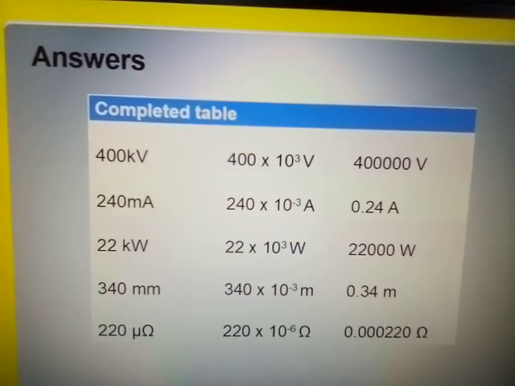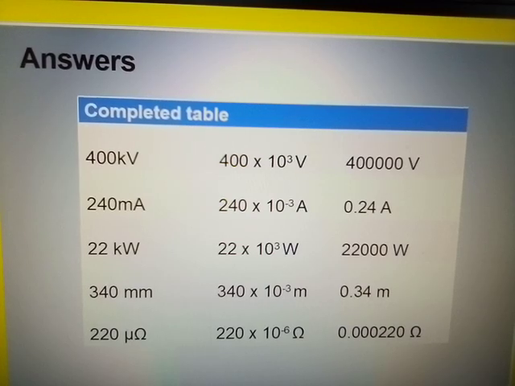Okay. 22 kilowatts will be 22 times 10 to the 3, 22,000 watts.